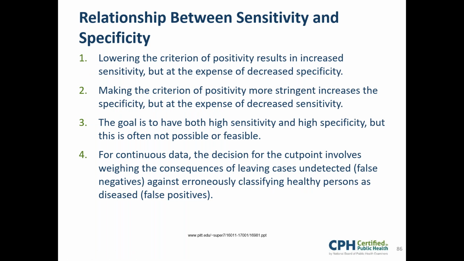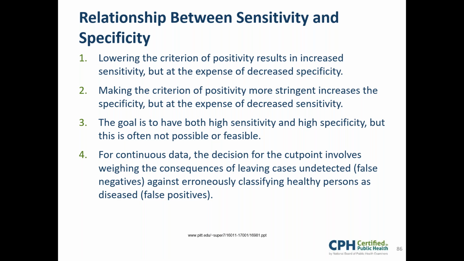So what is the relationship between sensitivity and specificity? Lowering the criterion of positivity increases sensitivity, which means you'll detect more cases, but at the expense of decreased specificity. If you make the criterion of positivity more stringent, it increases specificity, but at the expense of decreased sensitivity. The goal is to have both high sensitivity and high specificity, but it's often not possible or feasible depending on the condition and the test.